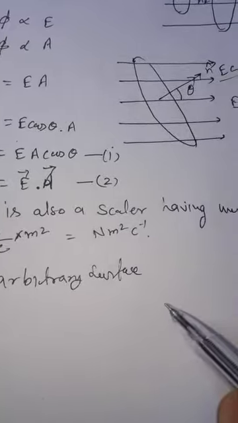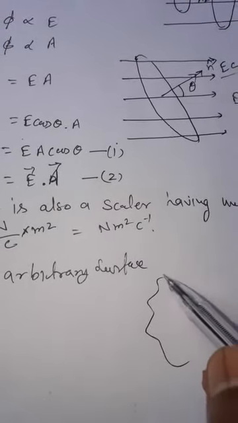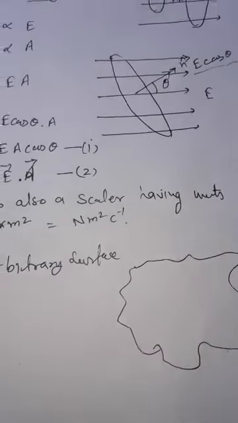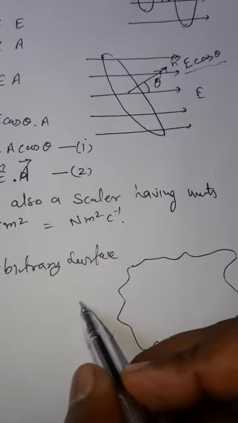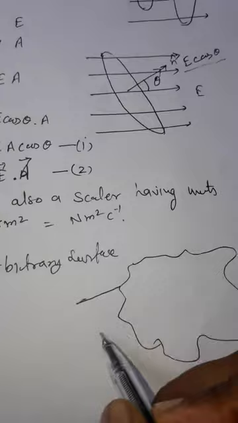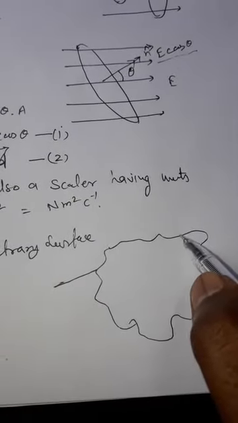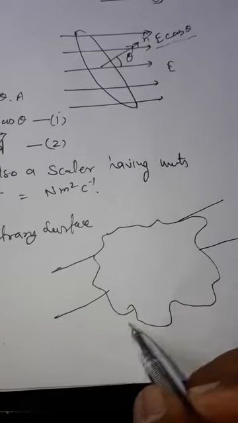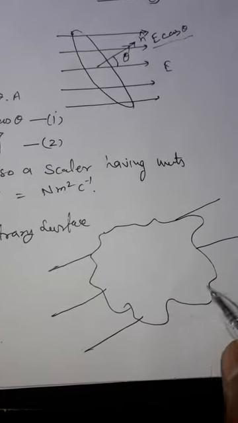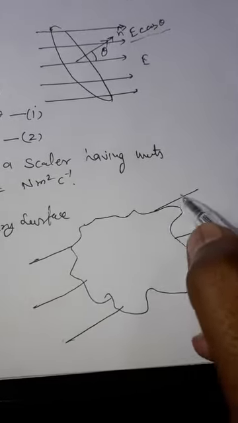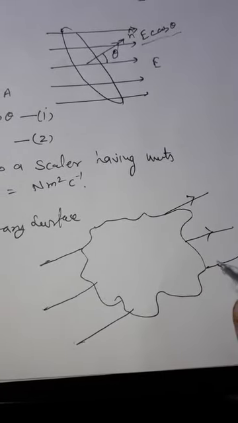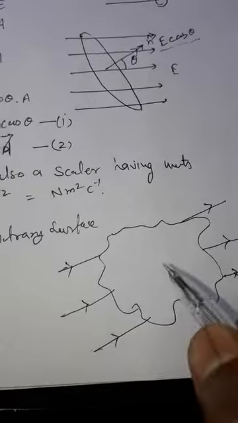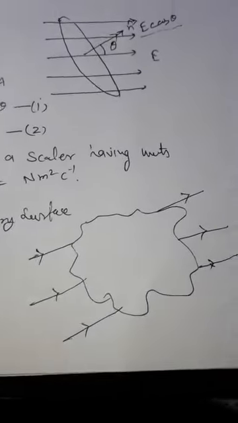Let the surface be placed in the electric field, which is along these lines. So how do we calculate the total electric flux passing through the surface?